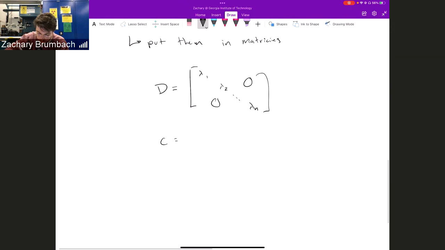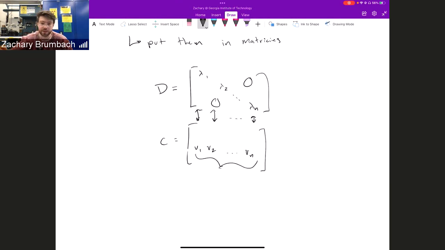For C, extremely similar. Have V1 corresponding to the same column, okay? V2 corresponding to the same column that lambda 2 is in, all the way to the n, okay? One important thing to note is it is not going to be diagonalizable if we can't fill this matrix, okay? If we don't have enough Vn's or enough eigenvectors so that we can fill this matrix, it is not diagonalizable. That's the whole idea.